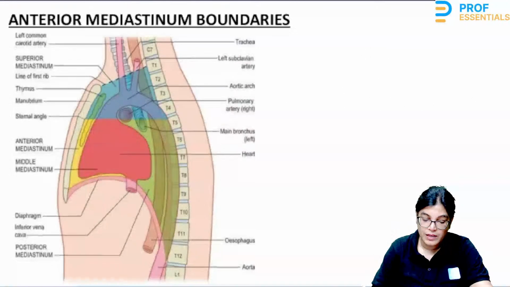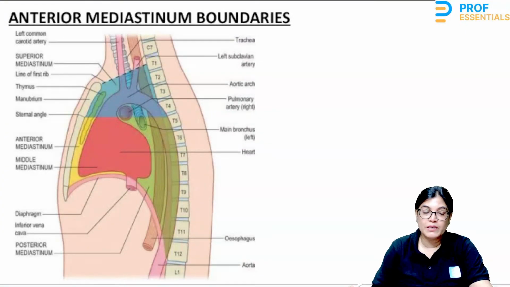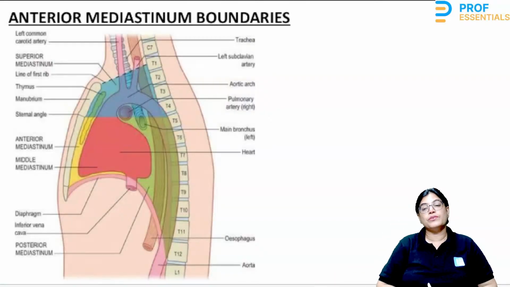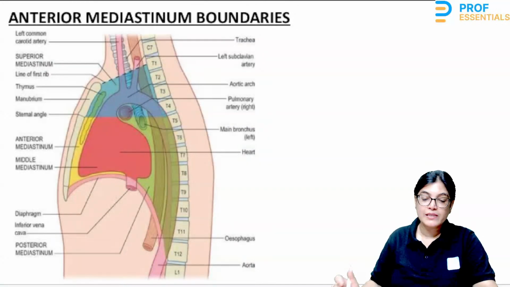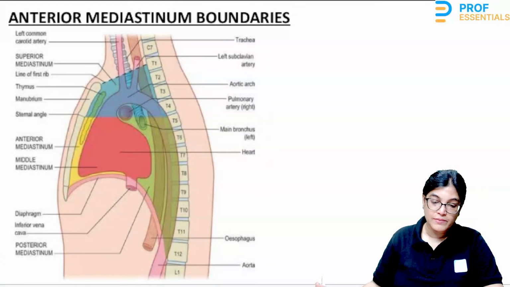Also, let's now learn about the anterior mediastinum. As I have told you, inferior mediastinum is subsequently divided into anterior, middle, and posterior mediastinum. You can see this image showing the anterior mediastinum.